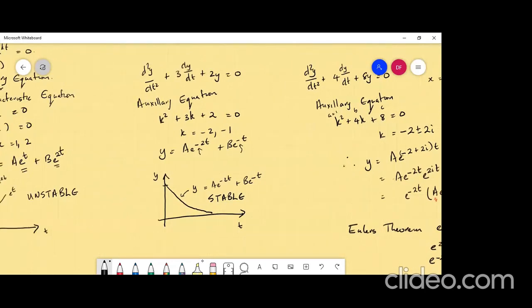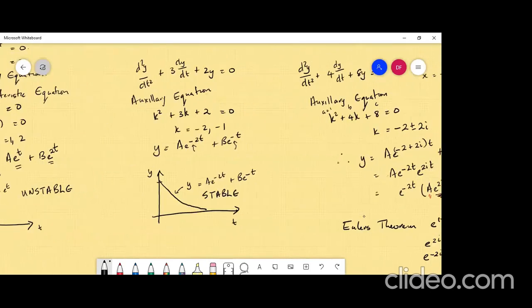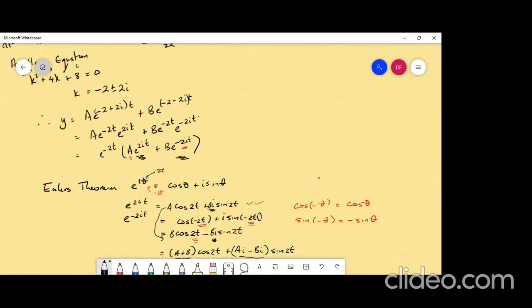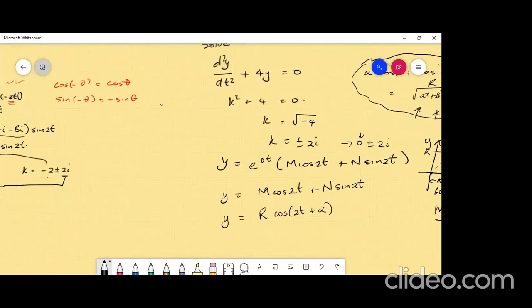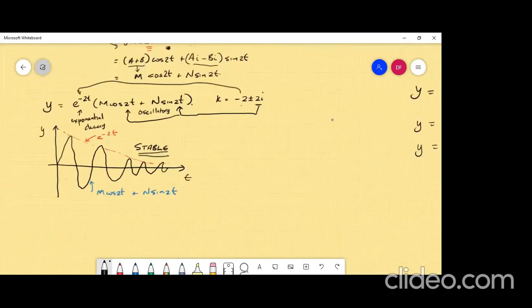And if it oscillates, it is marginally stable. All right, so back to what we were saying.